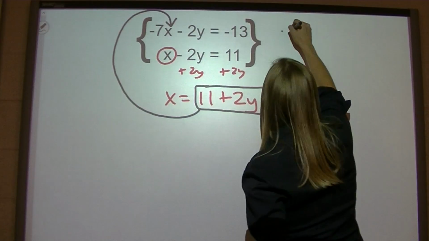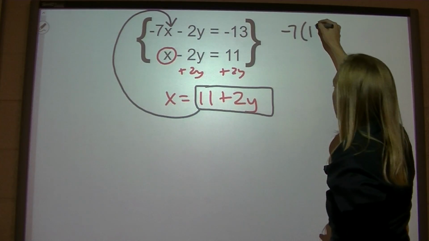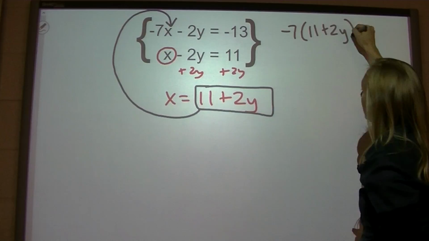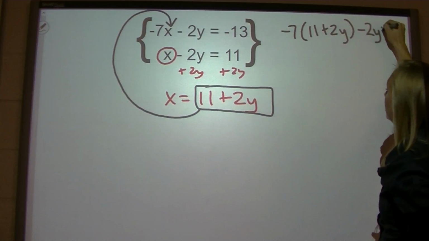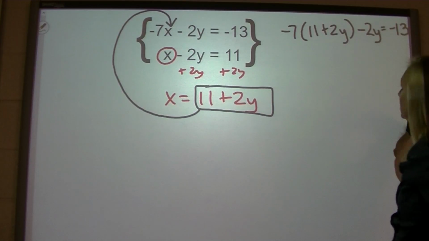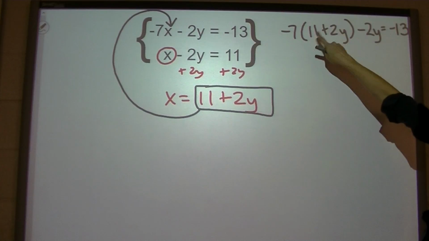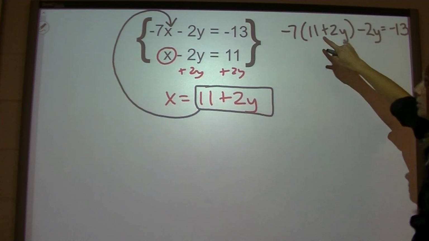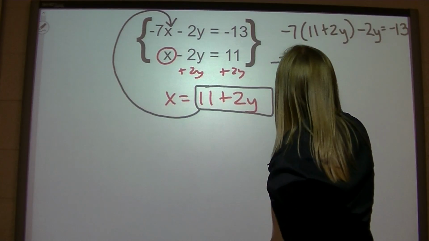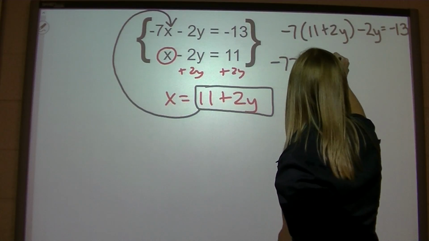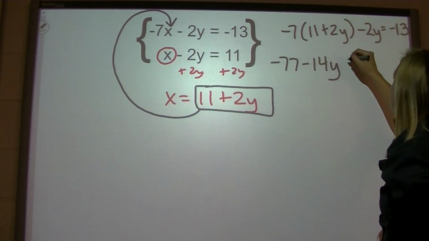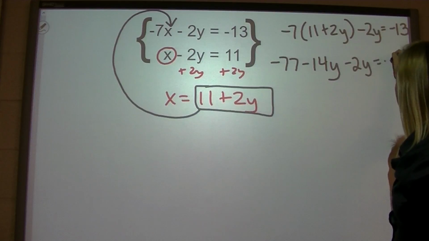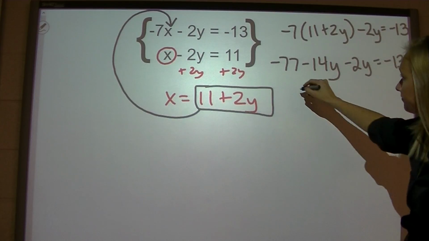So we'll have negative 7 times 11 plus 2y minus 2y equals negative 13. Now again, remember we have to distribute first before we can combine like terms here. So let's distribute the negative 7. So we'll have negative 77 minus 14y minus 2y equals negative 13.